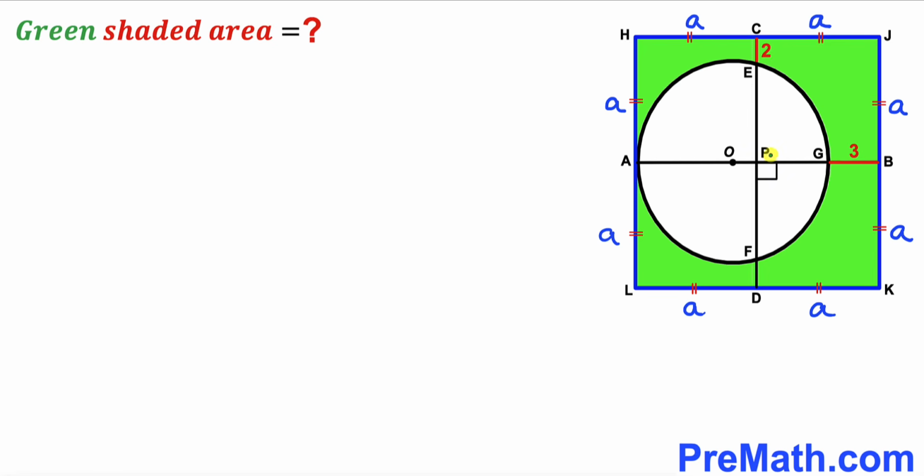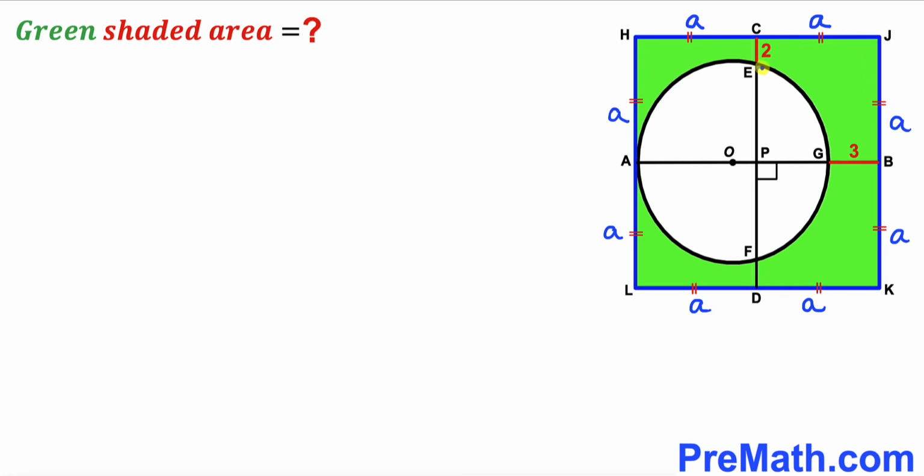And now let's make an observation. We can see that this angle is going to be our 90 degrees angle, since we are dealing with these identical squares. We can see that this segment length is going to be equal to this segment length, and this is lowercase a, so therefore this has got to be lowercase a as well.